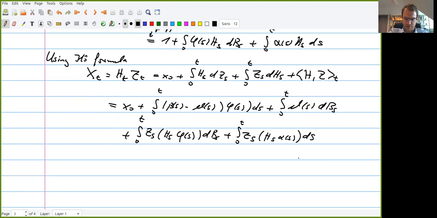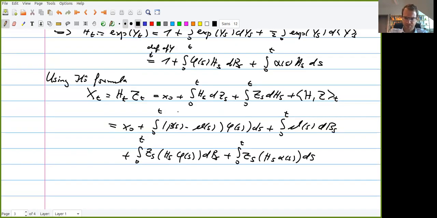And now I still have the covariation, right? You can also look at the exercise sheet. This is nothing else than the integral from 0 to t of theta times phi. So the last term is exactly this integral, which you hopefully have checked on the problem sheets.